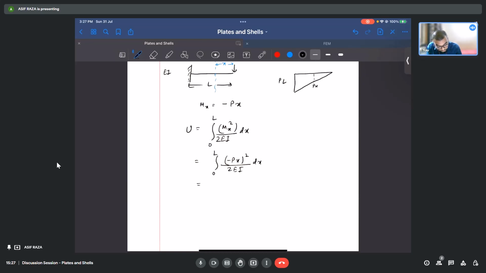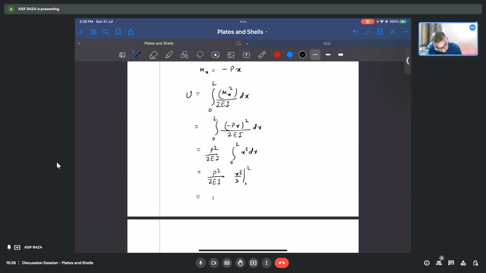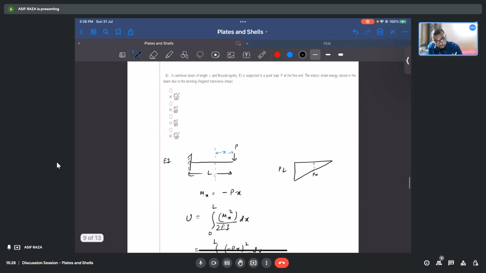Taking the constants outside, we get P squared upon 2EI times the integral from 0 to L of x squared dx, which is x cubed by 3 from 0 to L. So this gives me P squared L cubed by 6EI. The correct answer would be option 1.